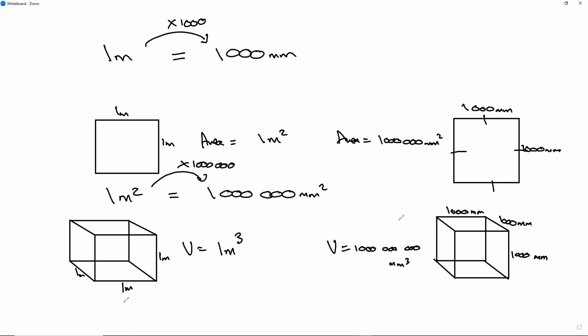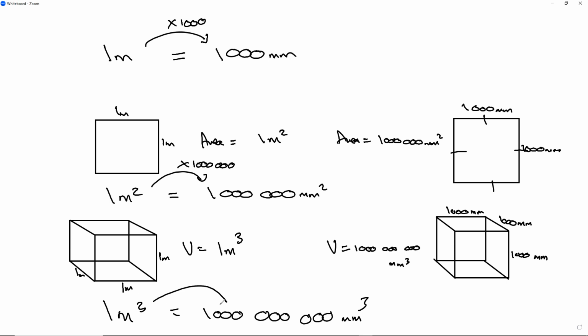Which means that the conversion for 1 meter cubed is going to be 1,000 million millimeters cubed. And how do we say that? How do we say 1,000 million? What is the word that we use for that? 1 billion. All right, so that's 1 billion.